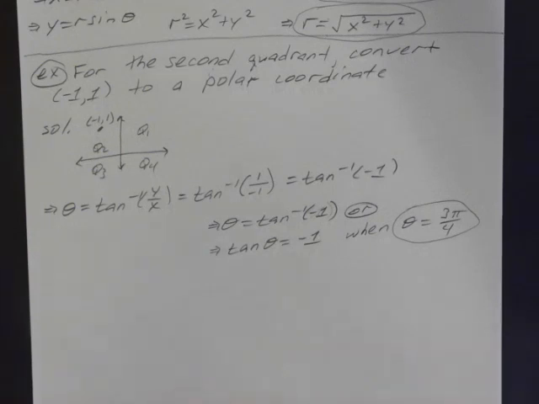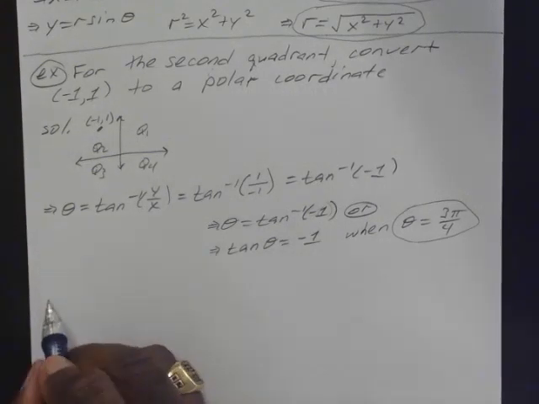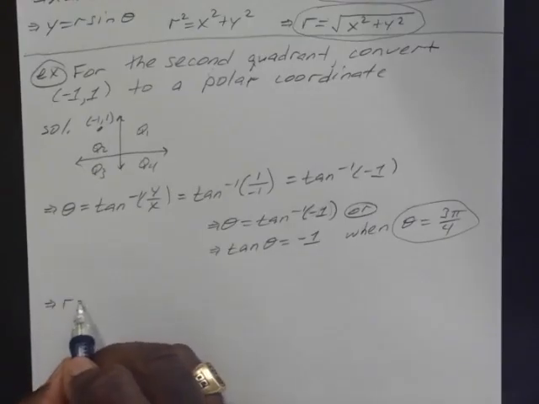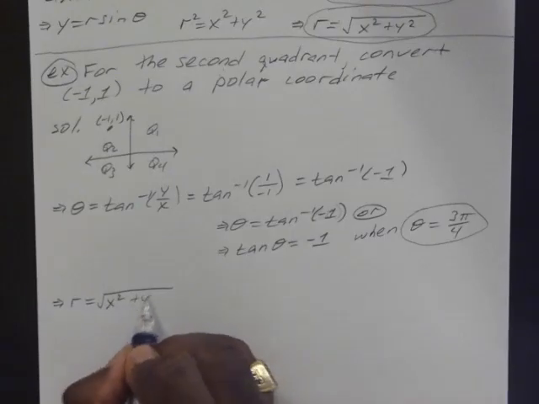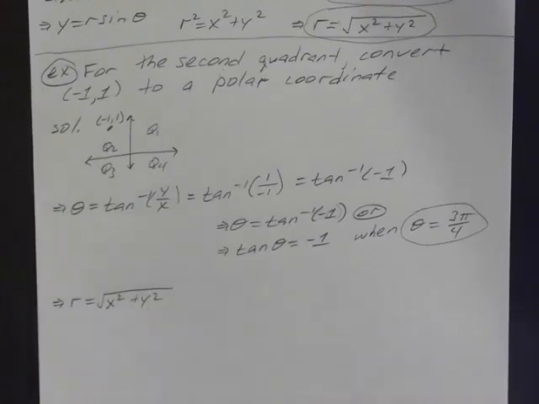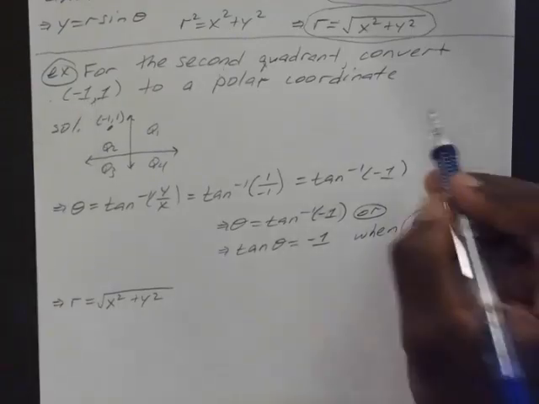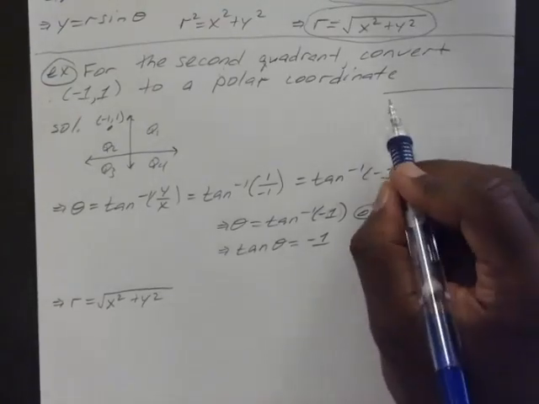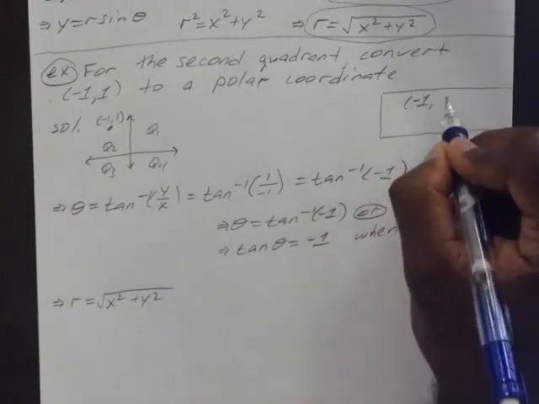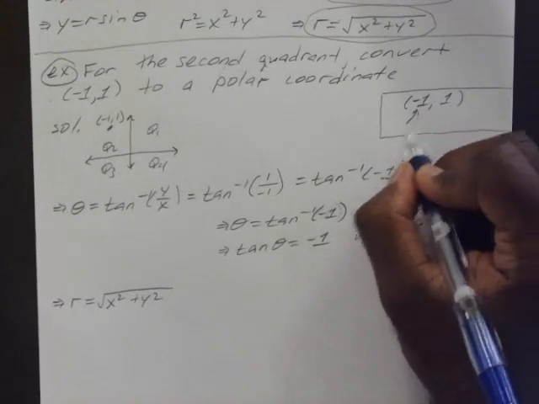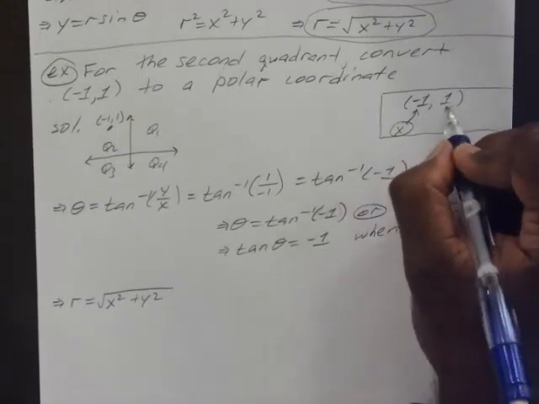Okay. Now to find our radius, we know that our radius is equal to the square root of x squared plus y squared. So again, we know that x is -1 and y is 1. Let me make a little side note of that: -1, 1, your x and your y.